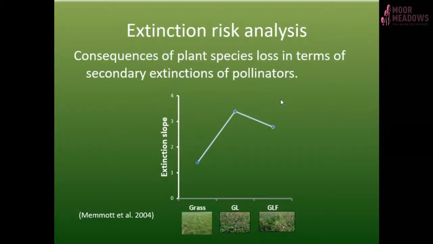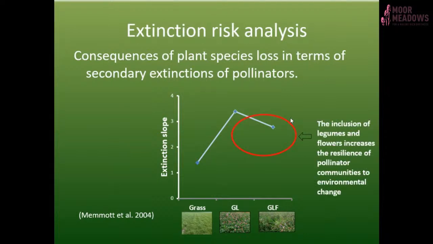And on the left-hand slope, you have the extinction slope, and the lower figure, the one which is just above 1 on that side, which relates to the grass system, the silage fields, has a high extinction risk, whereas the ones where GL stands for grasses and legumes or clovers, and the grass, legume and flowers, have a much higher point on the slope, and that means a much lower extinction risk.